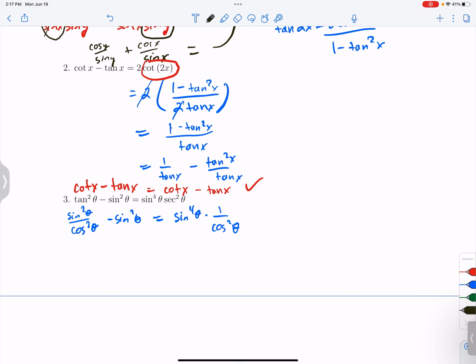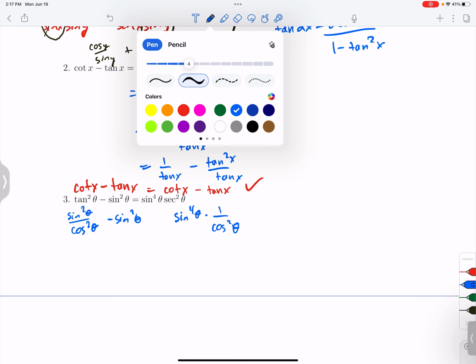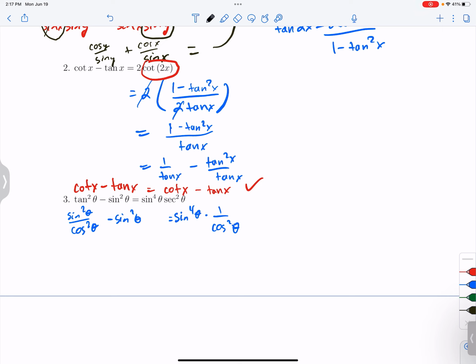Okay, on the left-hand side, I want to get a common denominator. I want to add those fractions together. The common denominator will be cosine squared. So this is cosine squared of theta over cosine squared of theta. Keep that first fraction the same.